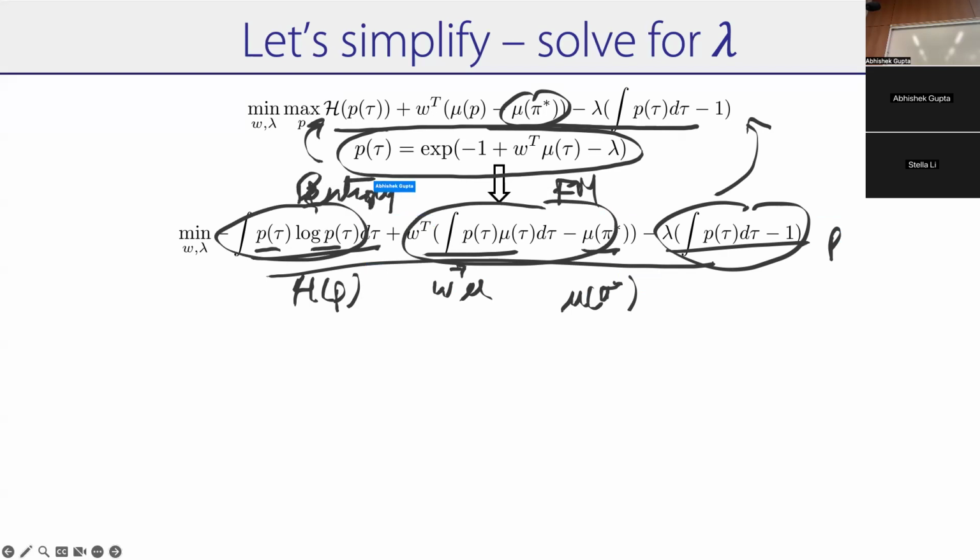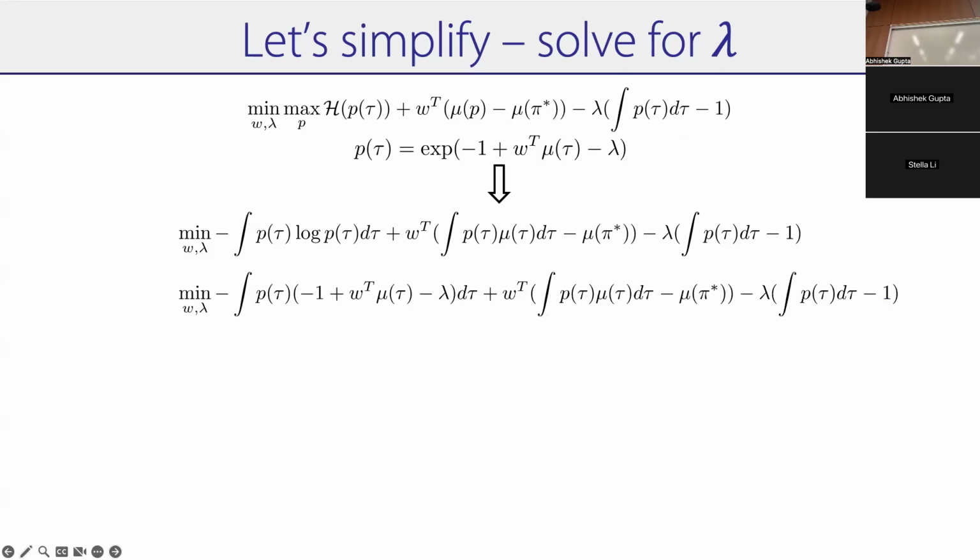All we're doing is substituting in the value of P tau into this objective, and it's going to give us something nice. We're going to substitute in P tau in some places, but not in others, because that'll help us make this derivation easier. P tau is this, which means that log P tau is just minus 1 plus W transpose mu minus lambda.